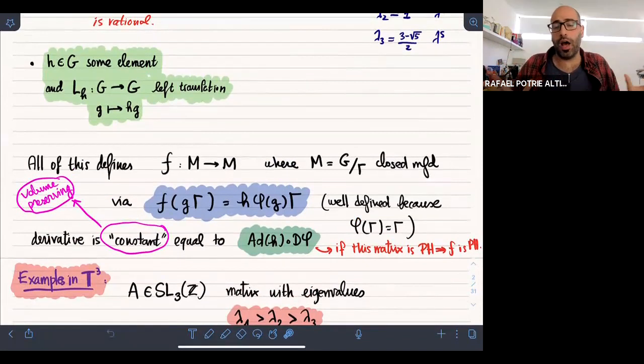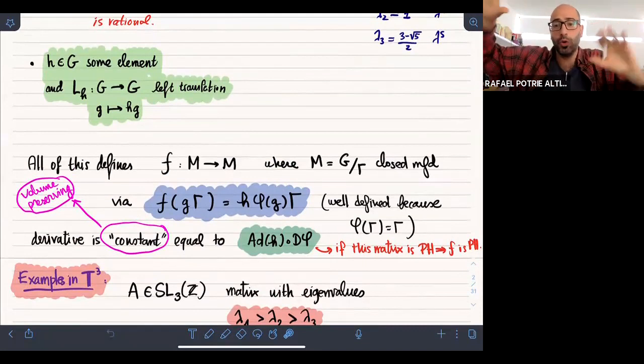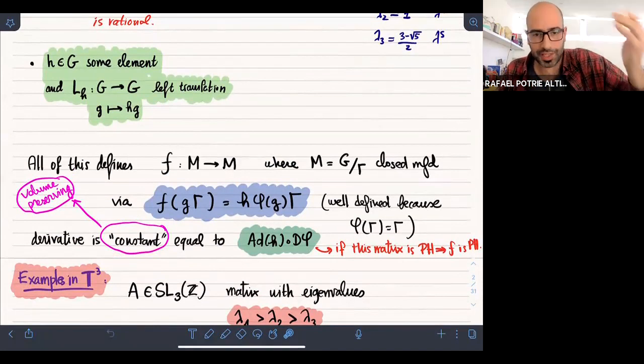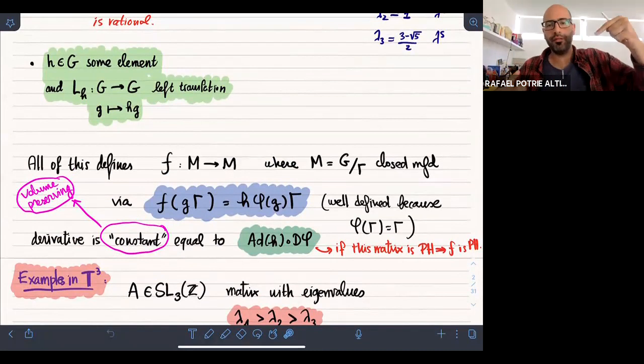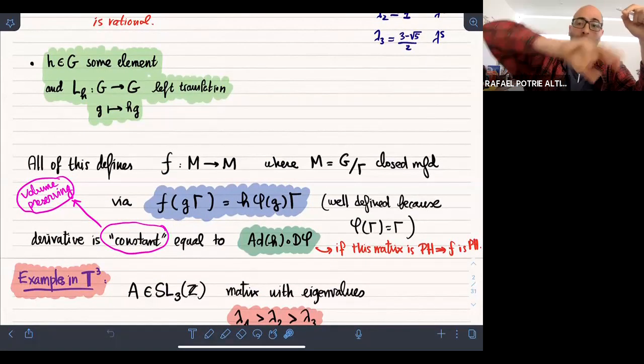And the important thing about this is it's very homogeneous. What you're doing is an automorphism of your group, which essentially looks the same everywhere, and a translation. And the translation also looks the same everywhere. So the derivative is constant, and you can compute it using Lie algebras. If you are acting from one side, then on the Lie algebra you are translating it by right translation.